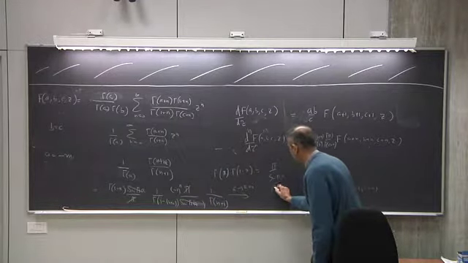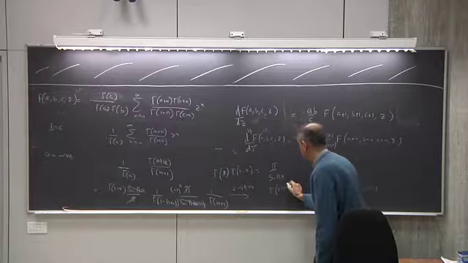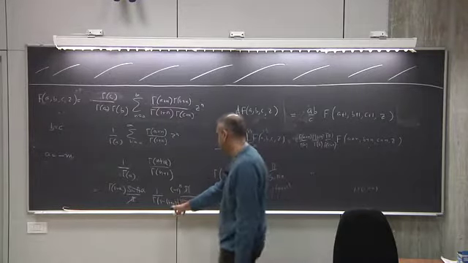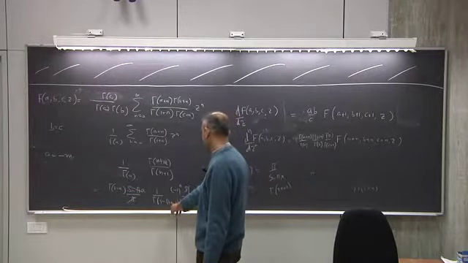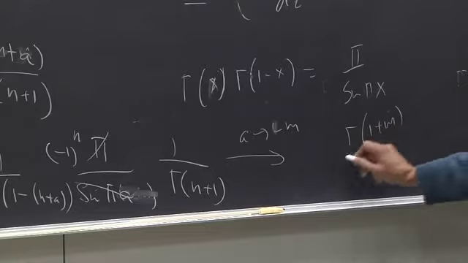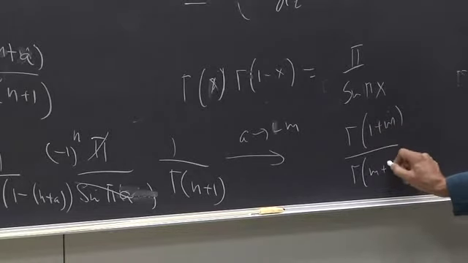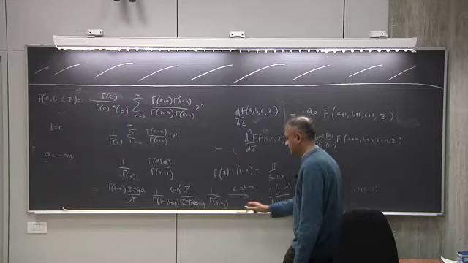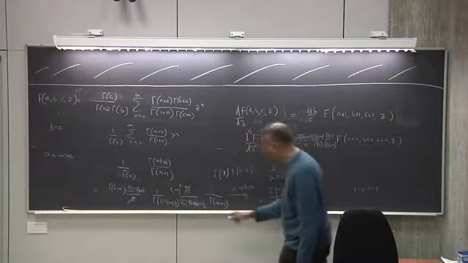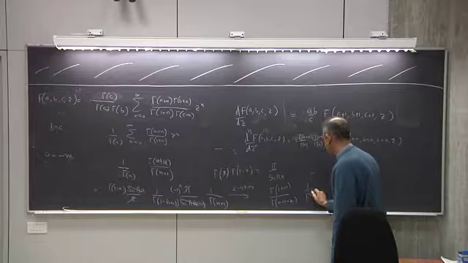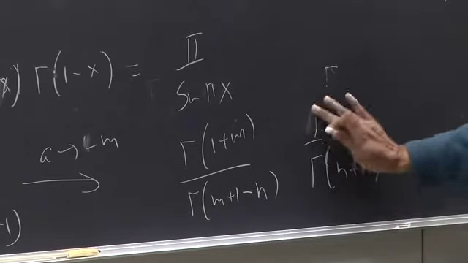So this becomes gamma of 1 plus m. And here it becomes 1 over gamma of m plus 1 minus n, since a is minus m, so that adds up. And then you have 1 over gamma n plus 1 times minus 1 to the n.